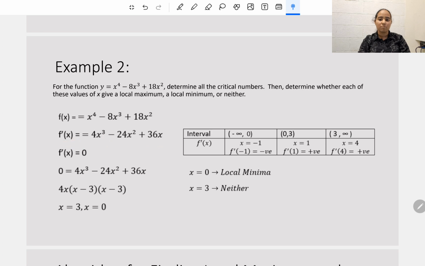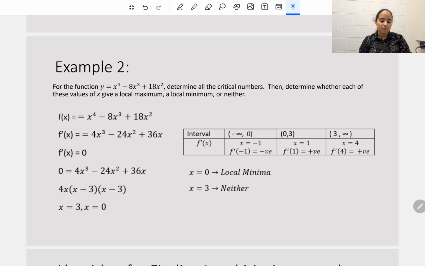Next, we make f prime x equal to 0. So 0 equals 4x cubed minus 24x squared plus 36x. After this, let's solve for x. So we can write 4x times x minus 3, x minus 3. Therefore, x is equal to 3 and x is equal to 0.